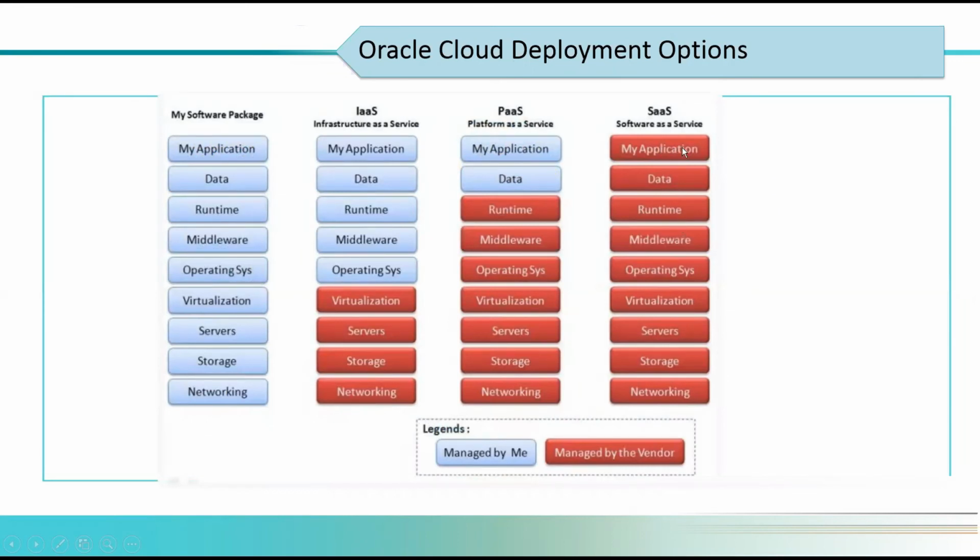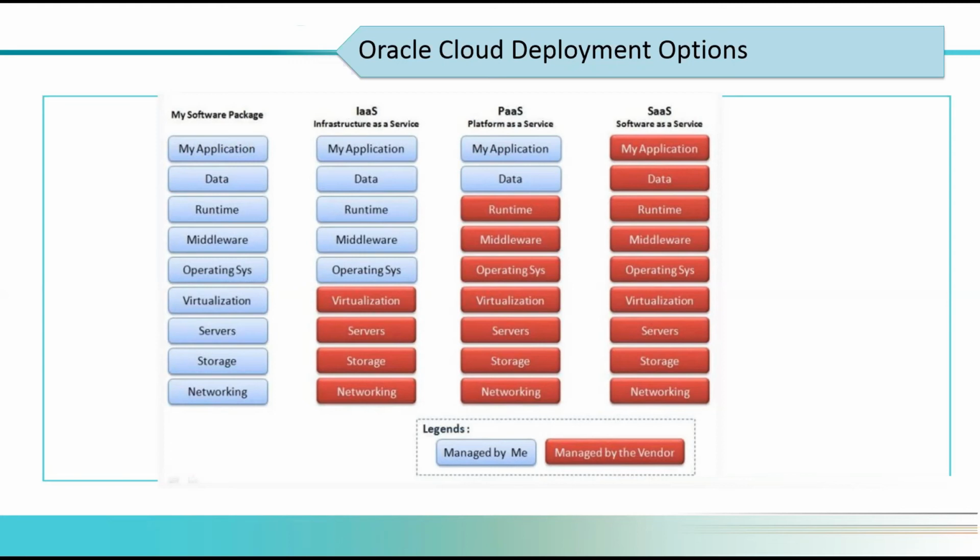Your application, your data, your runtime, your middleware, your operating system, your virtualization, your server, storage, networking, everything is managed by the vendor, that is Oracle. Nothing will be in your hand. That means you cannot modify your application, you cannot customize your database, you cannot create your own tables, you cannot create your own views, you cannot do anything because everything is managed by Oracle.